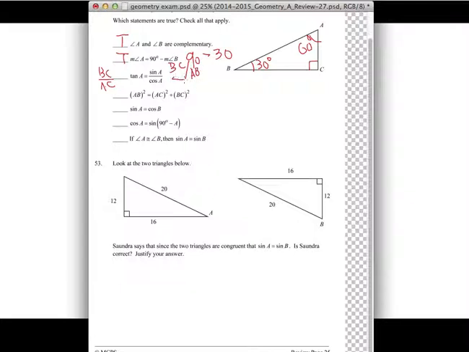Then all of this is over cosine A, which is adjacent over hypotenuse, AC over AB. If you notice, right here is about the same. These AB will cancel out, so it's just going to be BC over AC. So again, this is true because they're equivalent.